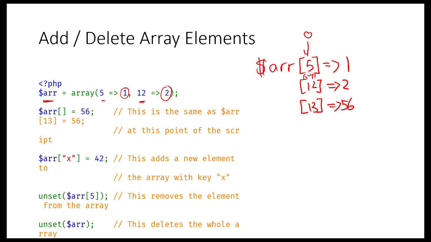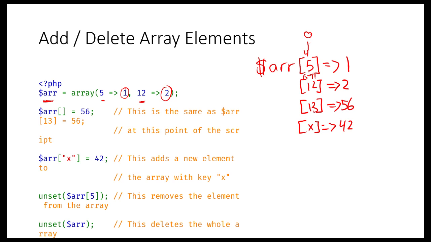Now, then somebody said, well, let's add 42, but let's create a key here. So now we've got a key x that is worth 42. So we can go back and say, give us the value x, and we'll get back 42. We can also delete anything.